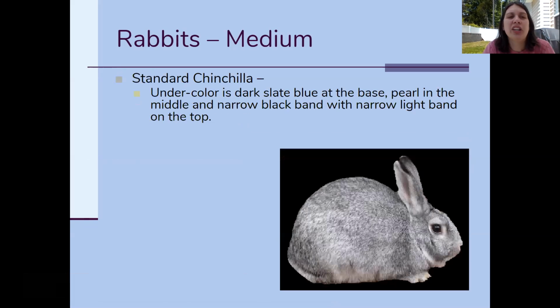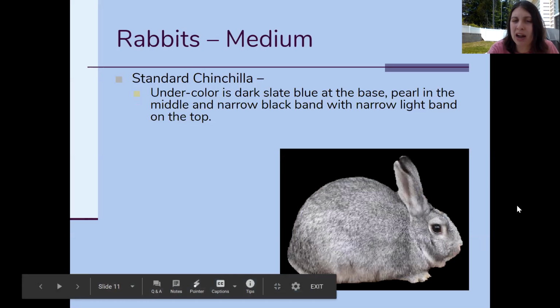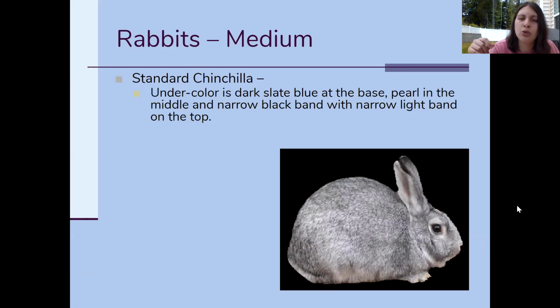The standard chinchilla, it's not a chinchilla, so if y'all ever see school net questions on it, the standard chinchilla is not actually a chinchilla. Standard chinchilla was named because this rabbit has the same coloration, the same kind of grayish blue color as the chinchilla. So the standard chinchilla is a breed of rabbit.